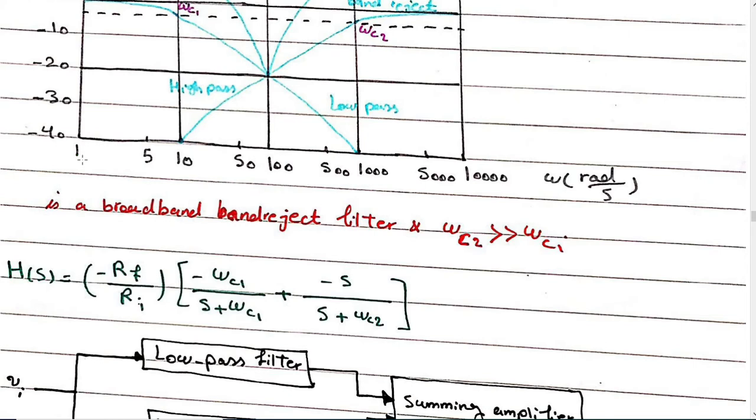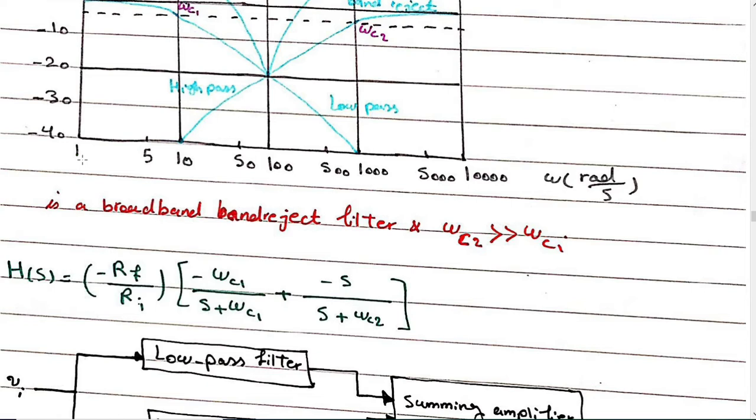Okay, any questions? So what is the difference between the band reject filter and the passband filter? In the band pass filter, omega C2, the higher frequency, is produced by the low pass filter, and omega C1 is produced by the high pass filter.